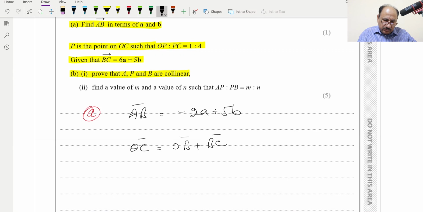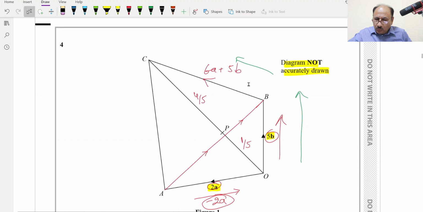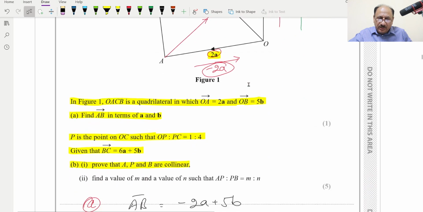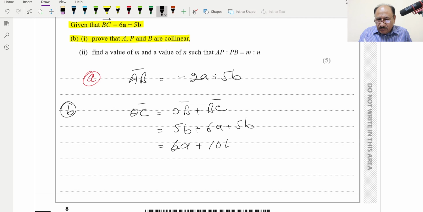This will be the start of part B. OB is equal to 5b and BC is 6a plus 5b. These two will be added, so this will be equal to 5b plus 6a plus 5b, which equals 6a plus 10b. This will be our OC value.